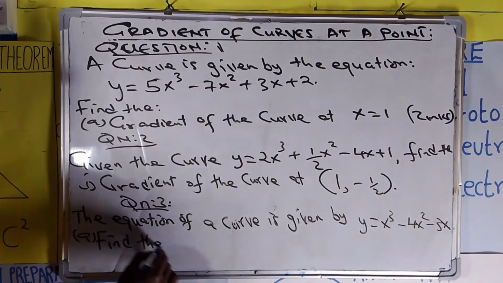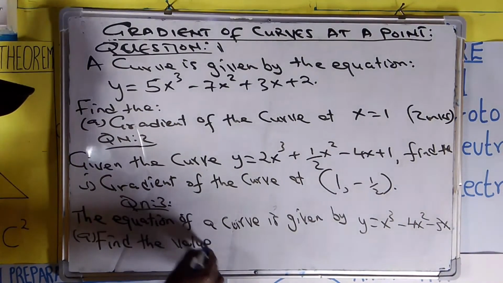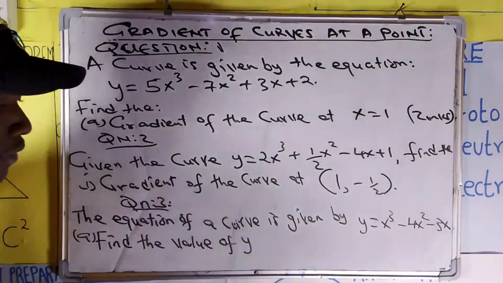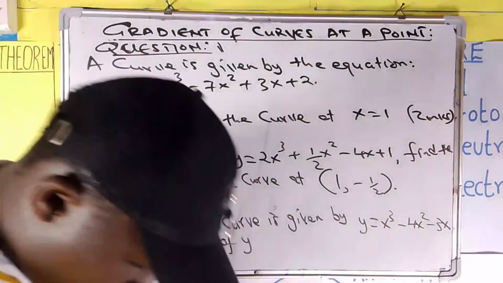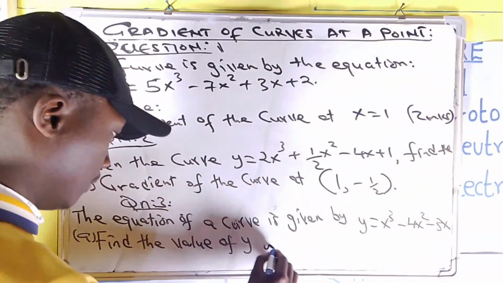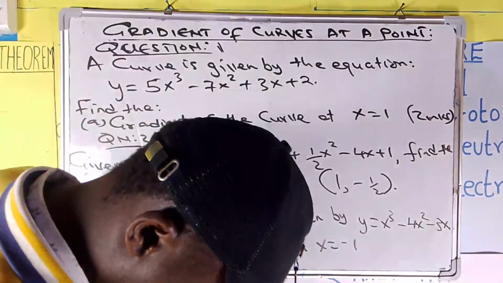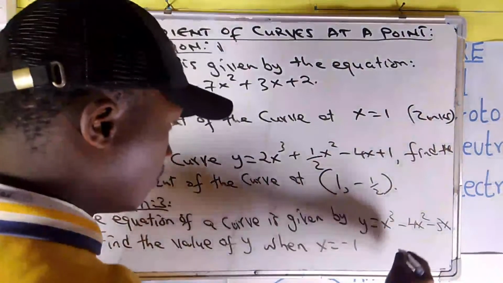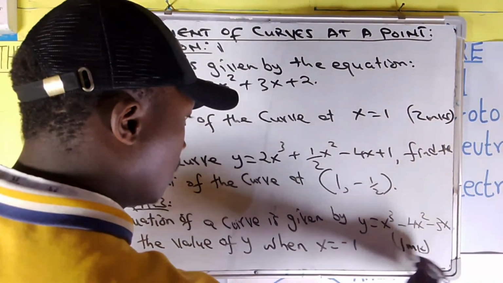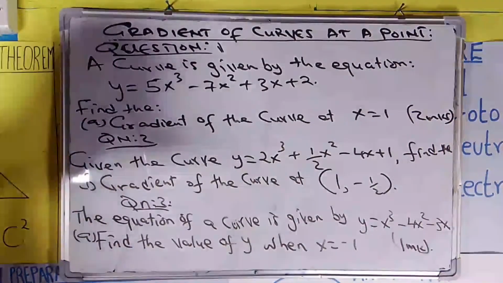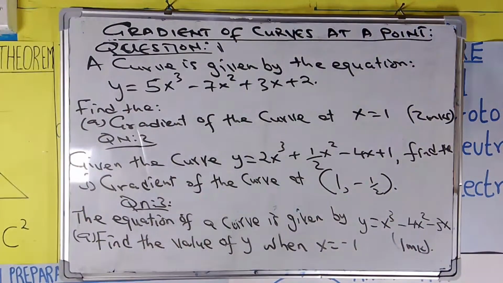A, find the value of y. So here you will differentiate, then find y. Find the value of y when x is equal to -1. That is 1 mark. So write down those questions, you will do them.